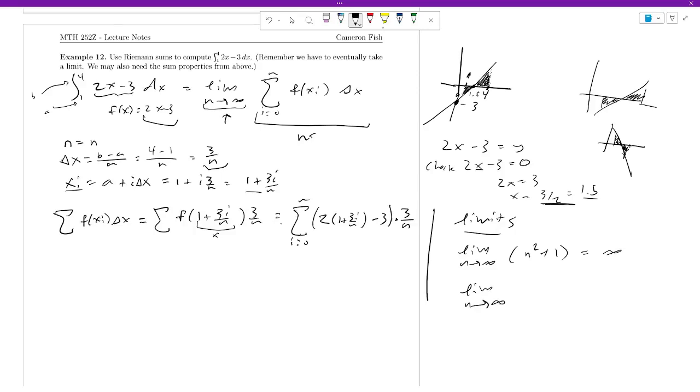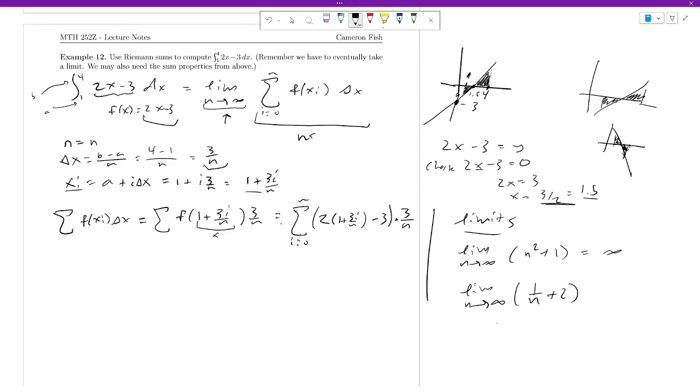The most common one maybe is something like 1 over n plus 2. Now I say, what happens when n goes to infinity? I'm having 1 divided by infinity, and really, I don't want to say 1 divided by infinity because you're not really plugging in infinity.